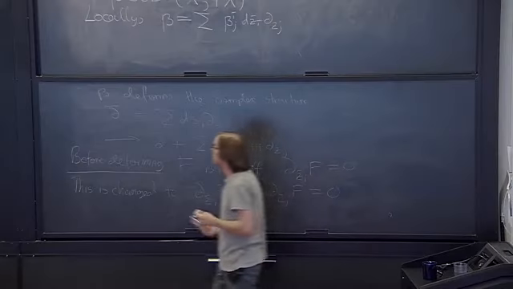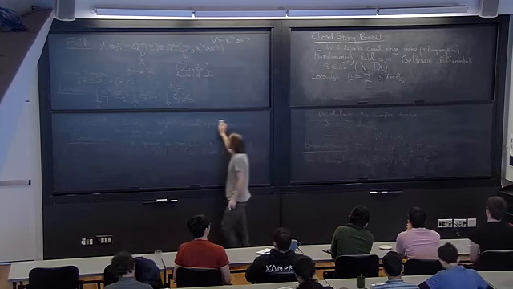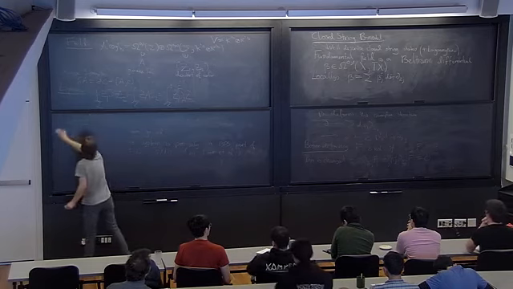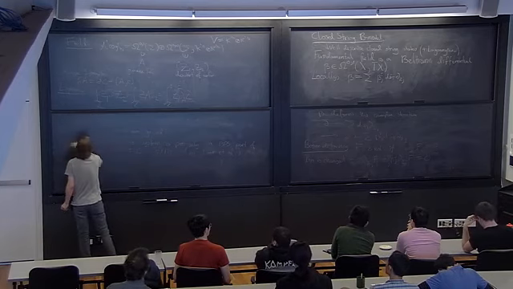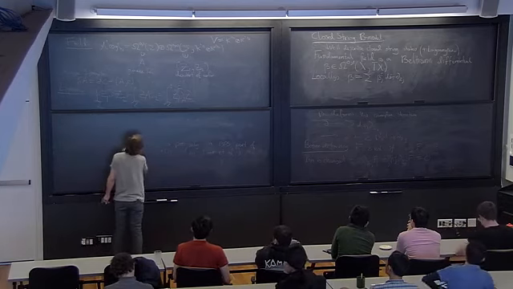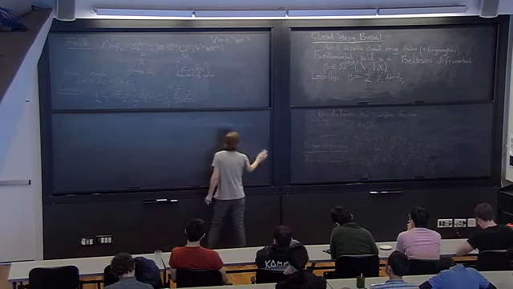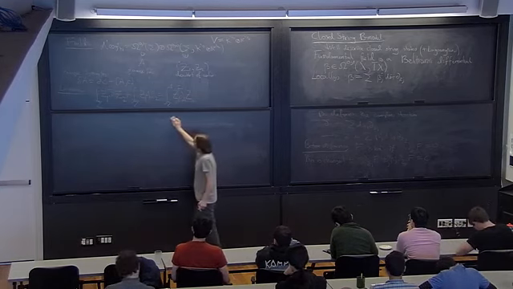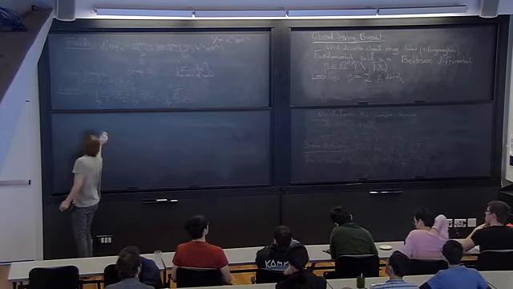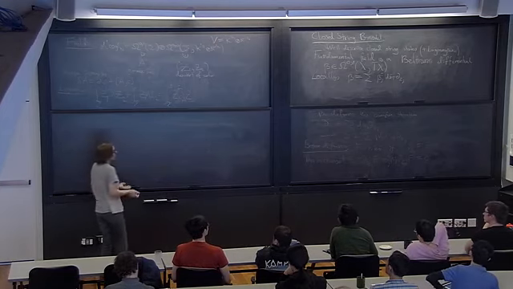So there are going to be some constraints on beta, which will follow from the equations of motion of the theory, which imply that actually there are solutions.